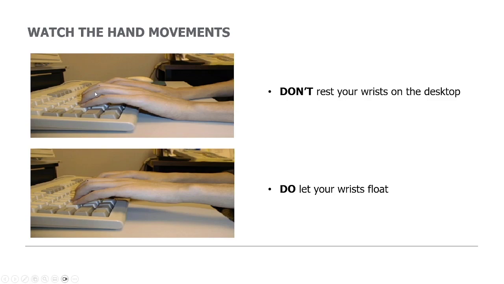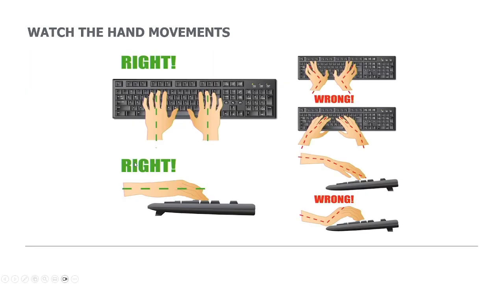That's what you don't want to do, okay? You want to make sure those hands, in the bottom picture right here, are as straight and as lined up as you possibly can when you do any type of inputting. It doesn't matter if it's on a laptop or a traditional keyboard like you see here. Keep those wrists as straight as you possibly can in whatever job task you are doing.